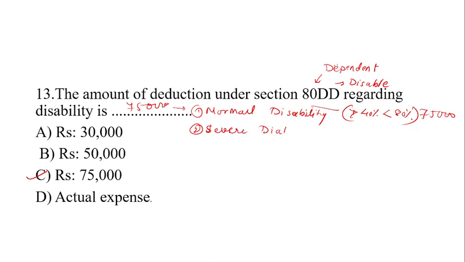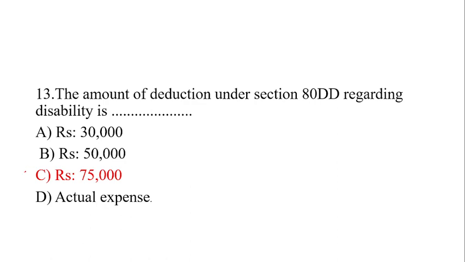In case of severe disability, that is more than 80%, he will get 1,25,000 as the deduction amount. Then here is the right answer.